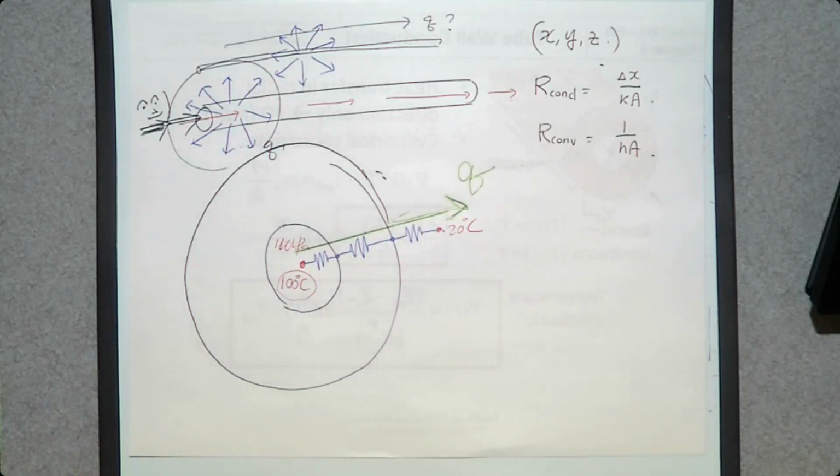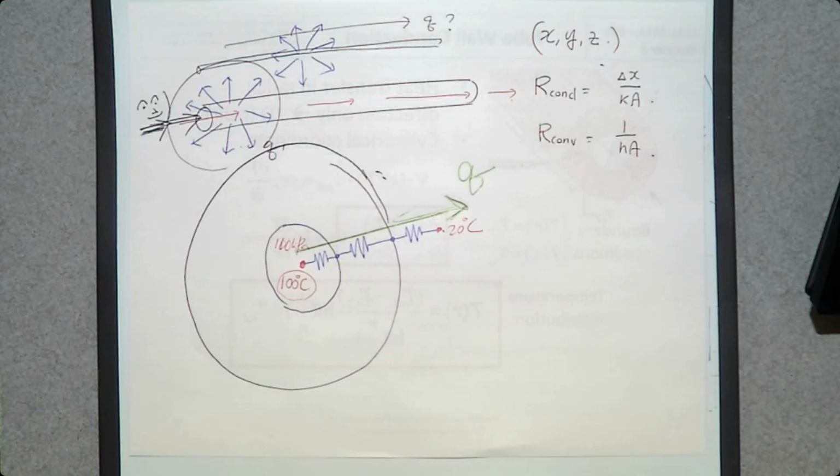So there are three resistances. First is convection, because the fluid is moving, and this is conduction because it's a solid, and convection outside because this is the heat transfer from the outermost surface to the surrounding fluid, which is air.